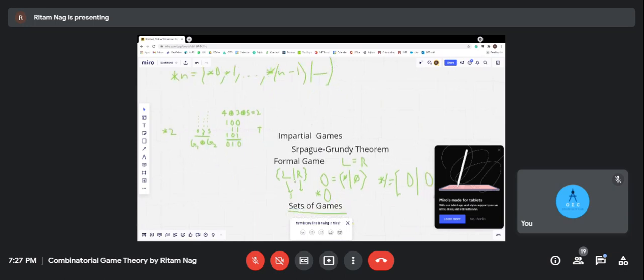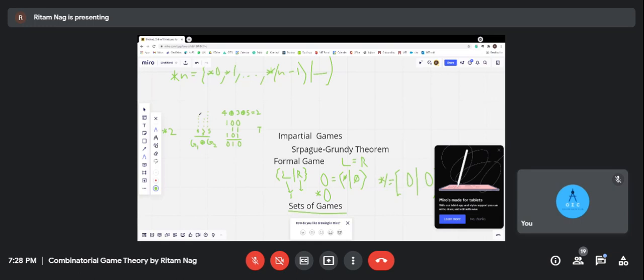Actually, when I say game, think more of position. So when I say a formal game, I mean a formal position in a game. In this setting, we don't distinguish between games and positions of games. So when I say L and R are sets of games, they are sets of positions that this given position can lead to.